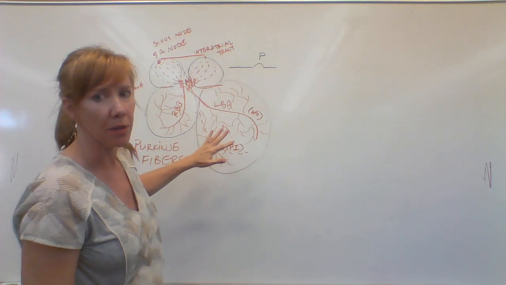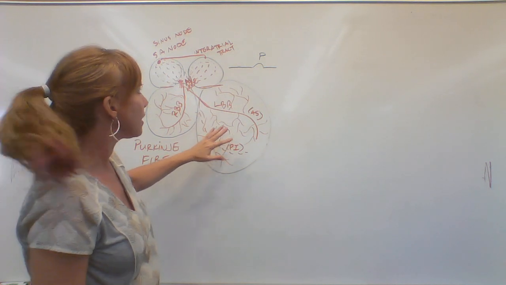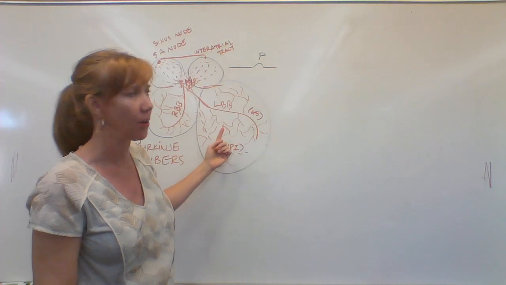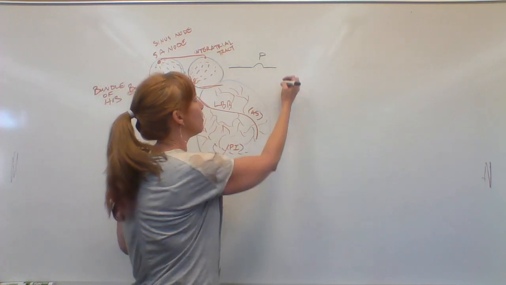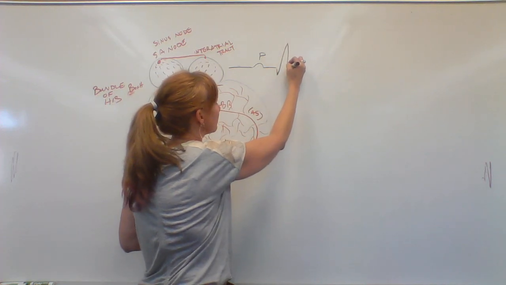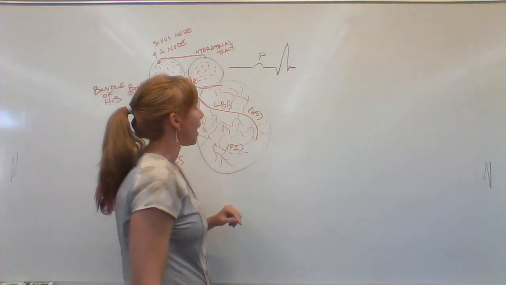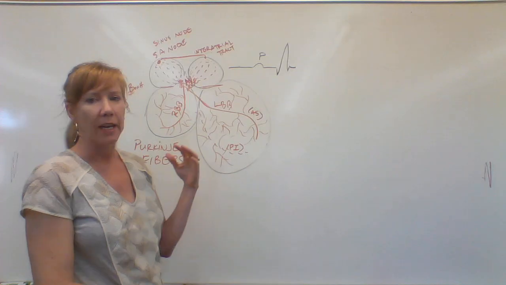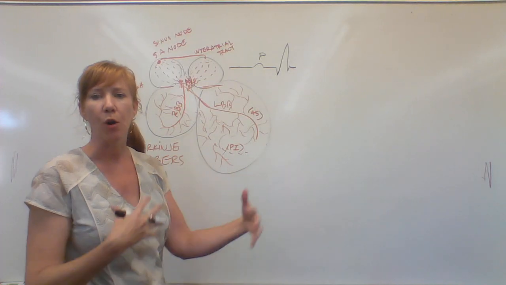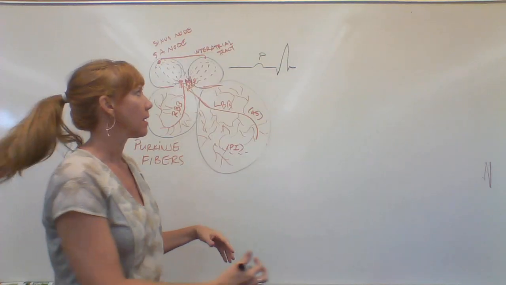So we're going to get a really big waveform. You can tell it's going to be much bigger than this because the ventricles are way bigger, way more cells. So this is when we get our big QRS complex. And then we get a waveform that is all the cells of the ventricles repolarizing or resetting.